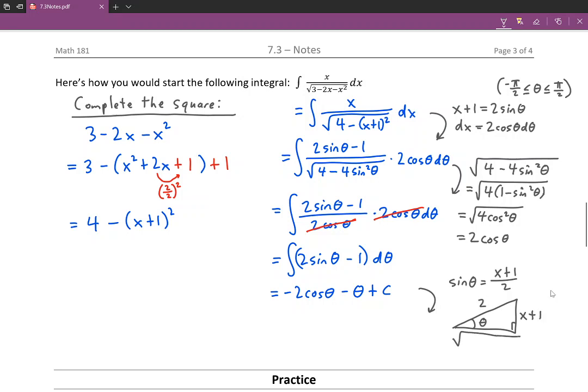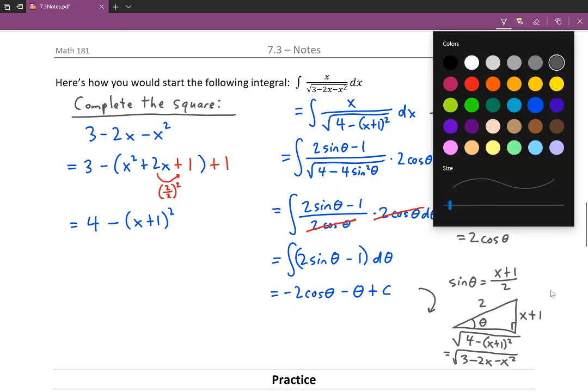The third side, by the Pythagorean theorem, will be the square root of 4 minus x plus 1 squared, which, if you wanted to write it, you can use the original radical, because that was the completed the square version of the original radical, right? So either one you want to use there is fine.